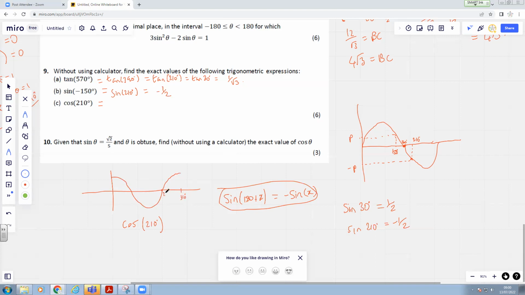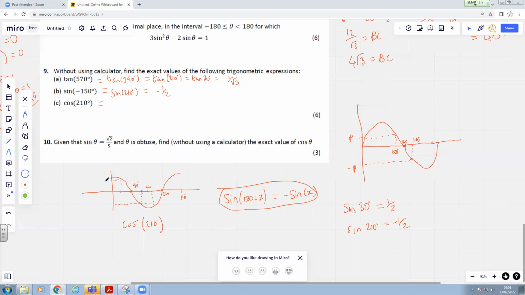So that's 270, that's 90, and so on. That's 180. Well, 210 is about here. That's the same as 150 because it's symmetrical either side of 180. That 60 degrees there would be the same as cos of 30 up here, but negative.